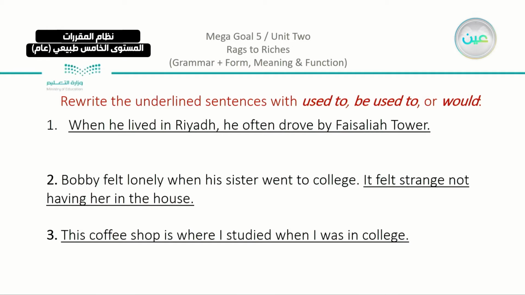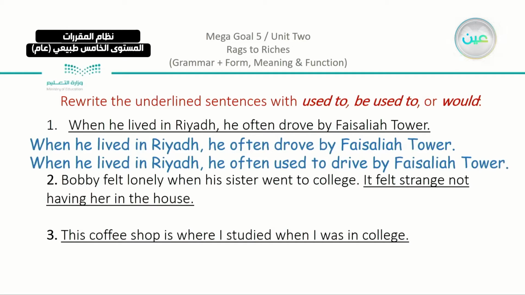So when he lived in Riyadh, it gives us the impression that he doesn't live now, something in the past. So actually I can put it into two structures. We can say when he lived in Riyadh, he often drove by Faisaliya Tower. And here you can see that I just used the past tense. Or when he lived in Riyadh, he often used to drive by Faisaliya Tower.